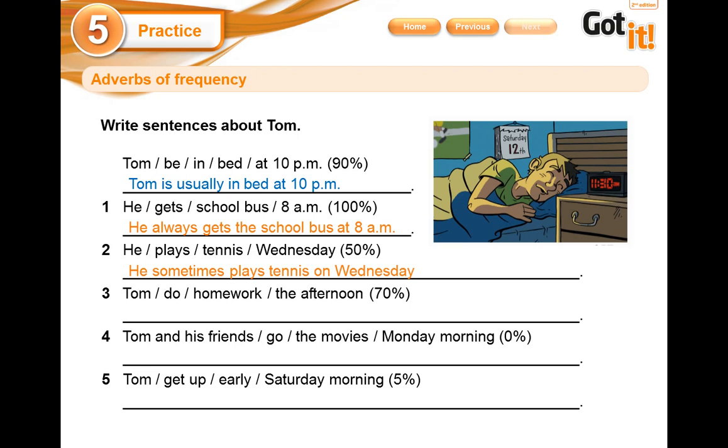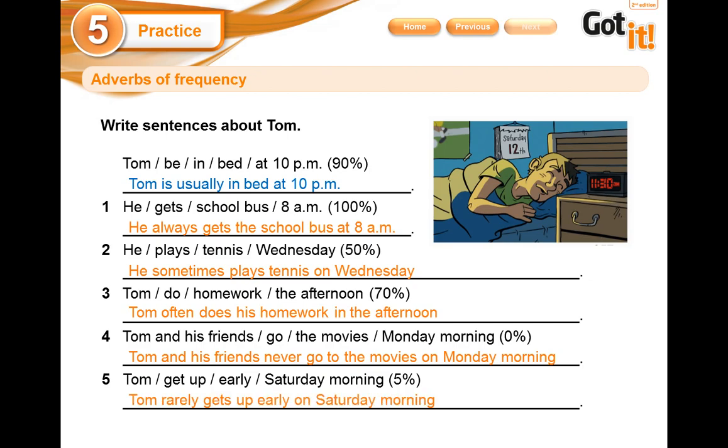Tom often does his homework in the afternoon. Tom and his friends never go to movies on Monday morning. Tom rarely or hardly ever gets up early on Saturday morning.